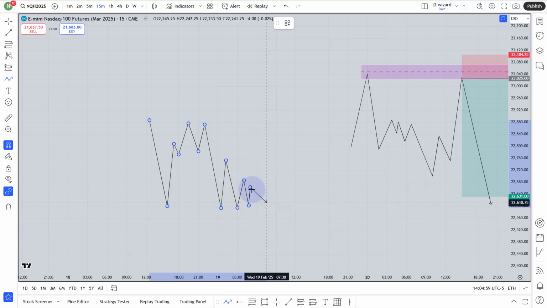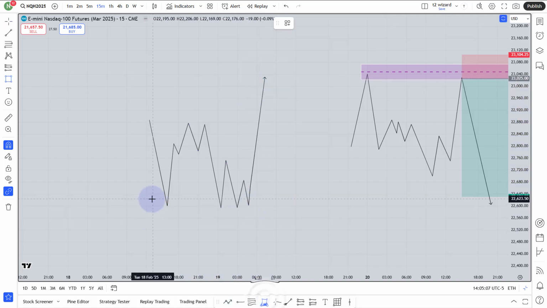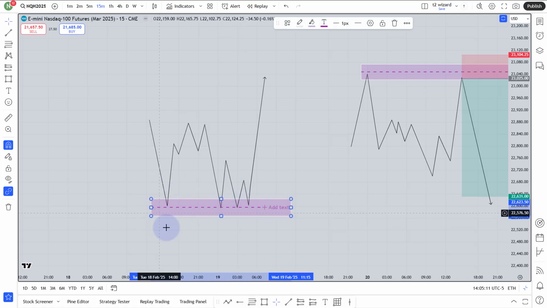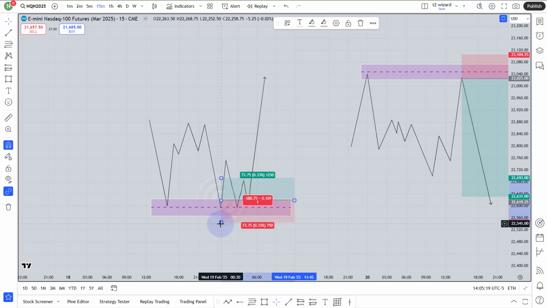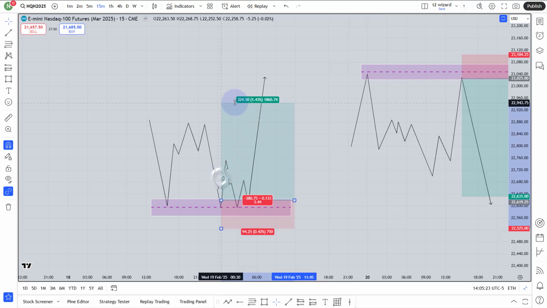The more bottoms it creates, the stronger the support zone will be, and then the market will go higher. So they see this is a support zone, double bottom, triple bottom, whatever it is, at least I need a double bottom, double top. When they see this, they put a buy limit here, stop loss below the zone, and target somewhere else.